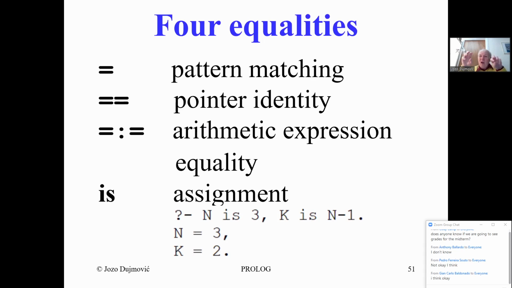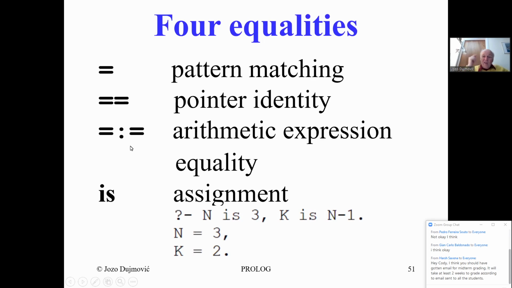Then the compiler will arrange evaluation of expression 1, evaluation of expression 2, and then will check whether these 2 results are the same. Usually this is done by subtracting these 2 results and finding whether the result is 0. So this is arithmetic expression equality. It is not pattern matching, it is not pointer identity, it is arithmetic expressions equality.